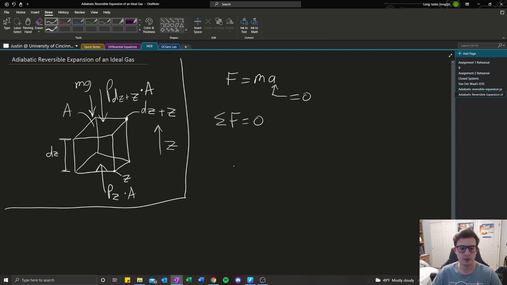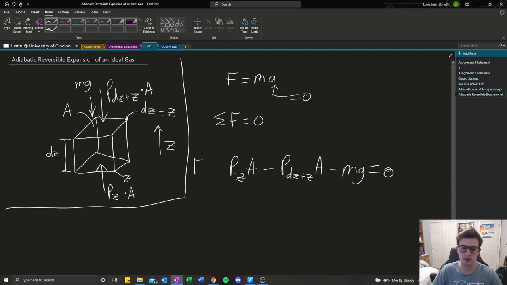So what do we have? We have the pressure at z times the area, and that's acting up, so it's positive, but we've got the pressure at the top times the area, and that's acting down. And then we also have the gravity acting down, and this is equal to 0.